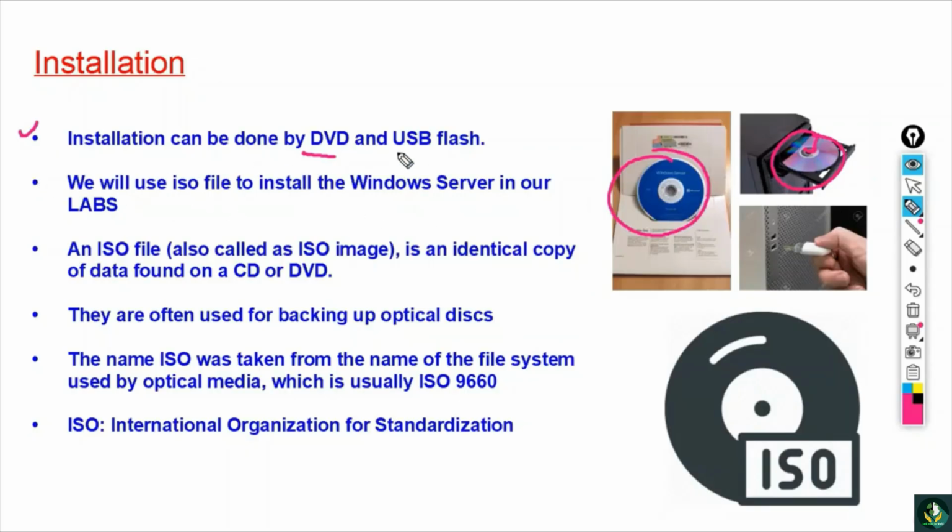We can use the USB flash as well. You will save the operating system files on this USB flash drive. You will make it bootable. You will connect this USB drive to the server and you will power on the server. It will detect this USB drive and it will start installing the operating system.